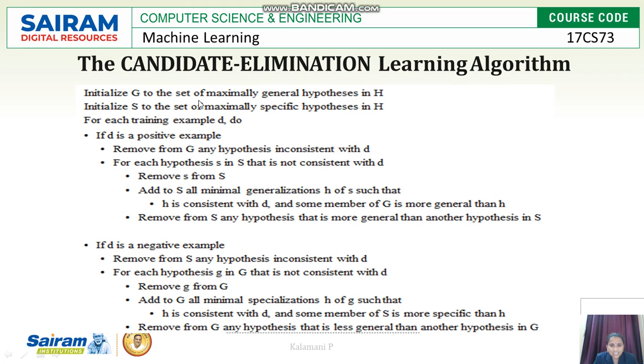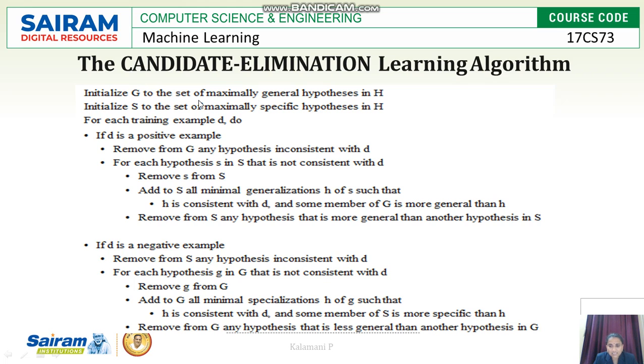For each training example d, the training example may be positive or negative. If it is positive, remove from G any hypothesis inconsistent with d. We have already seen this in the list-then-eliminate algorithm. After seeing that positive example, we check whether it is inconsistent with the hypothesis.